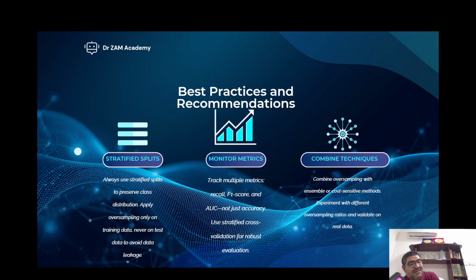Track multiple metrics: recall, F1 score, AUC, not just accuracy. Use stratified cross validation for robust evaluation. Combine oversampling with ensemble or cost sensitive methods. So definitely you have to combine oversampling with some ensemble methods or some cost sensitive methods.